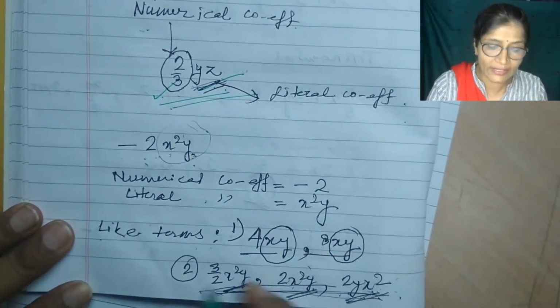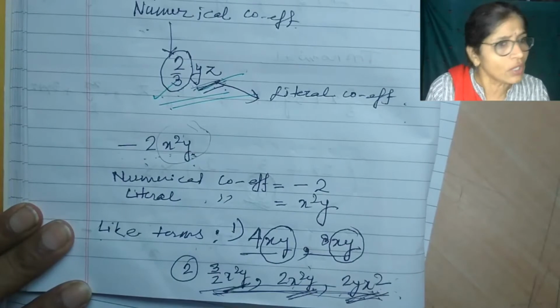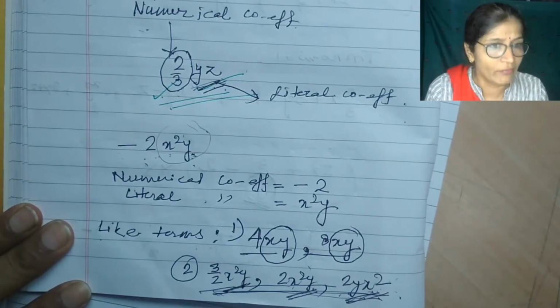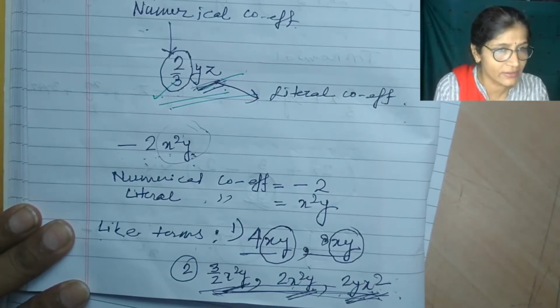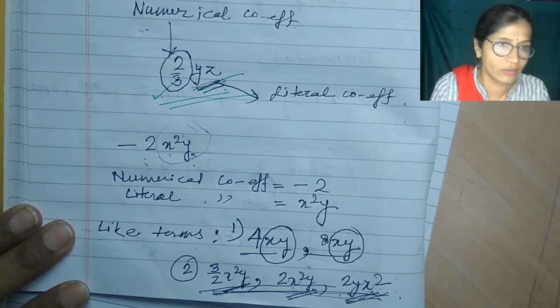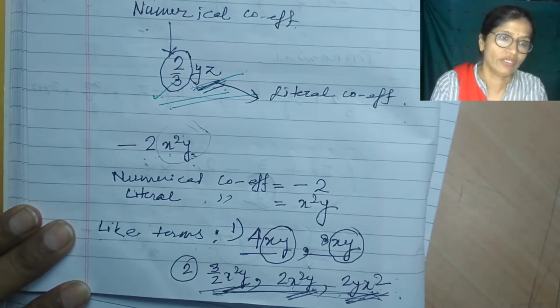Now two or more terms, when their literal coefficients are the same, whatever the numerical coefficient, no matter, then we call them like terms.